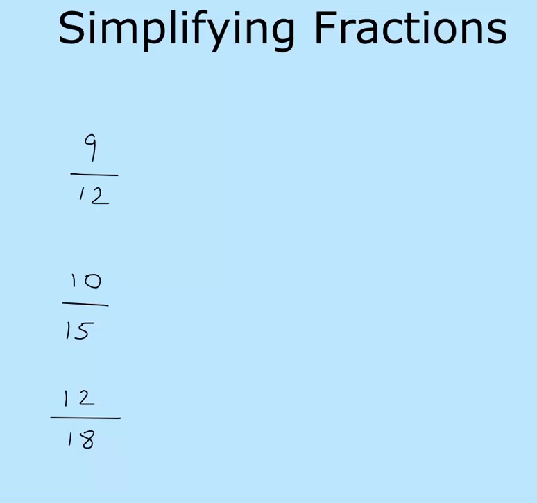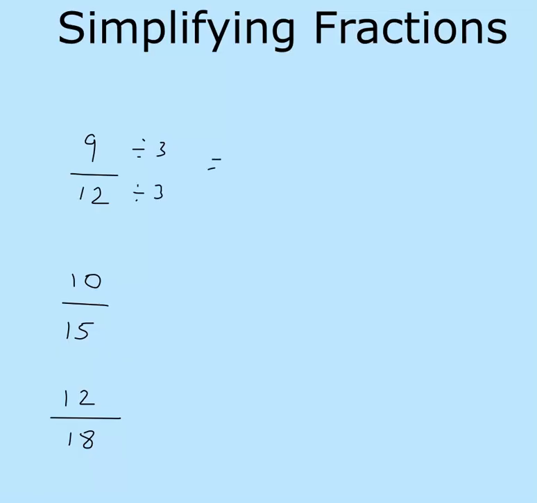Okay, so 9 over 12, if you used your factors, you would find out that 3 would be the biggest or highest factor of these ones. So you would divide top and bottom by 3.